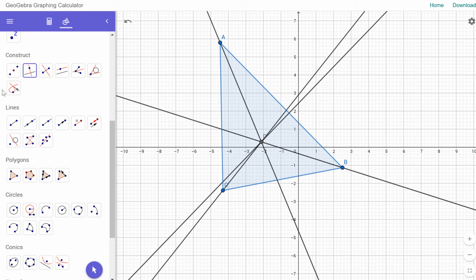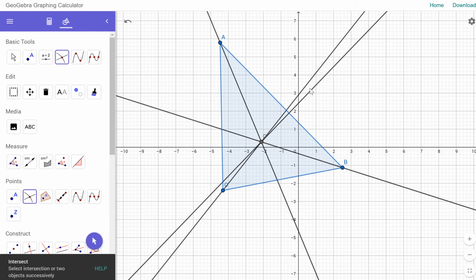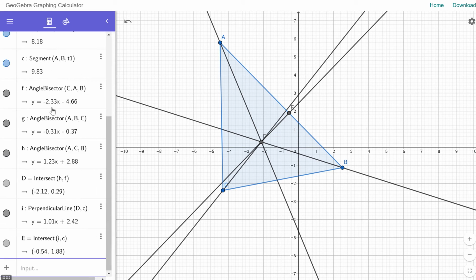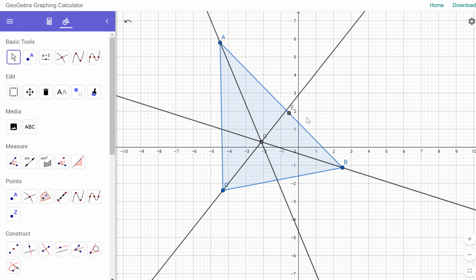So I'm going to draw that line like I did. We're going to look at the intersection of that perpendicular line and the edge of the triangle that we intersected it with. And then we're going to get rid of that line. We do not need that line anymore, so I'm going to hide that line from our view. So we do not need to worry about that anymore.